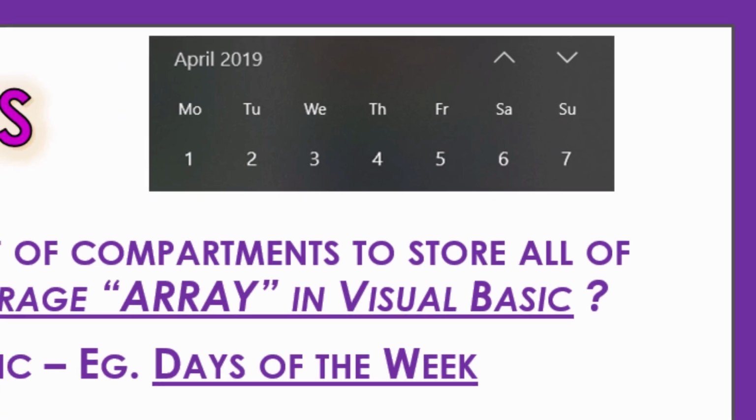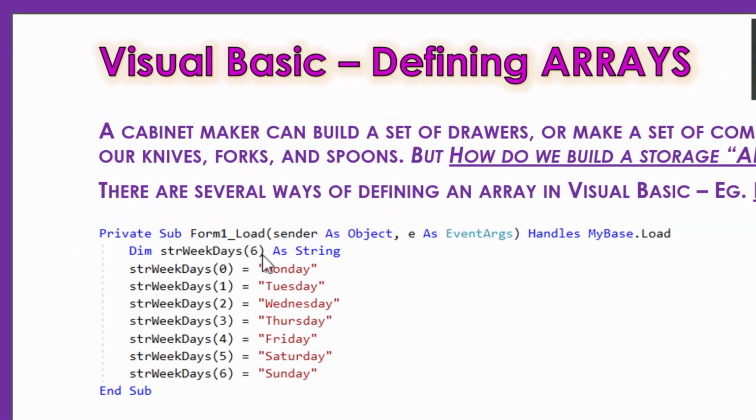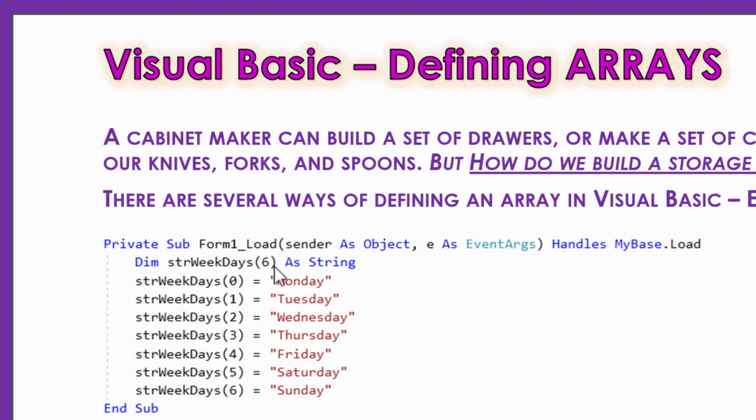But if we dimension the array, we actually dimension str weekdays bracket 6, and you might be thinking that can't be right because we need bracket 7 because we've got 7 things to store, but bracket 6 means that 6 is as far as we're going with the storage when we start counting at 0.